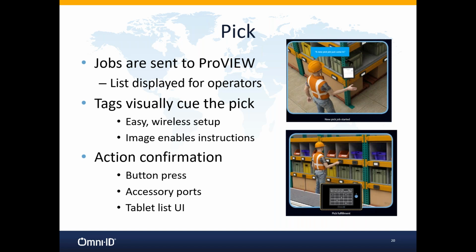Once you pick a job, ProVIEW then lights up the tags that are part of that job pick, either lighting them up in batch mode or lighting them up sequentially if you're going to do a wave pick. Both are possible and configurable within the software. So the image will change. You see the image down the bottom right. What commonly happens today is that the tag stays in a black on white background when it's at rest, and when it's doing an active pick job, it changes to a white on black.